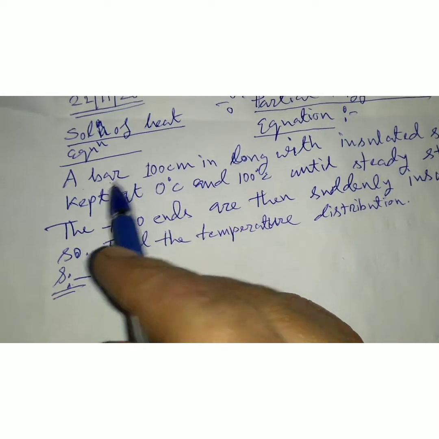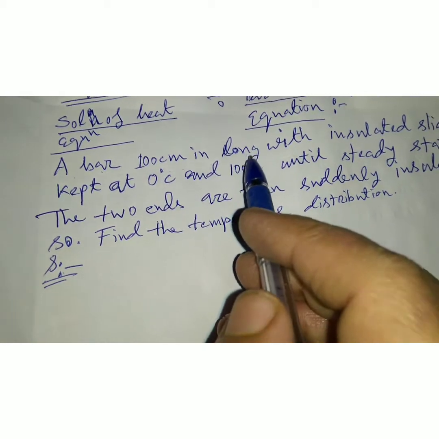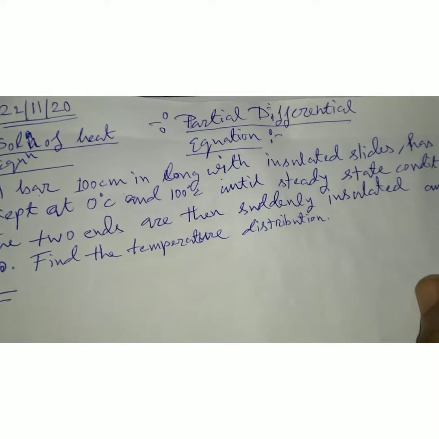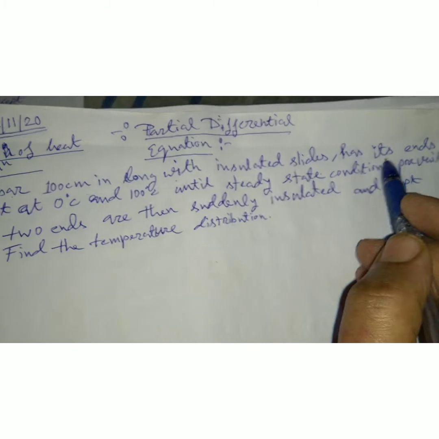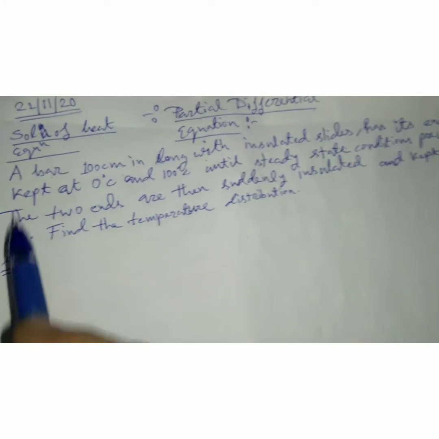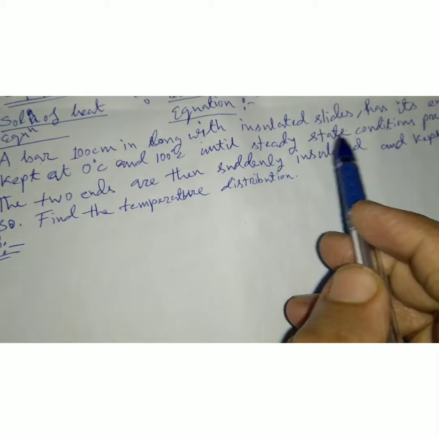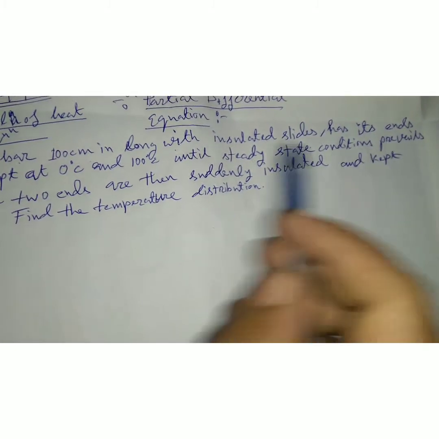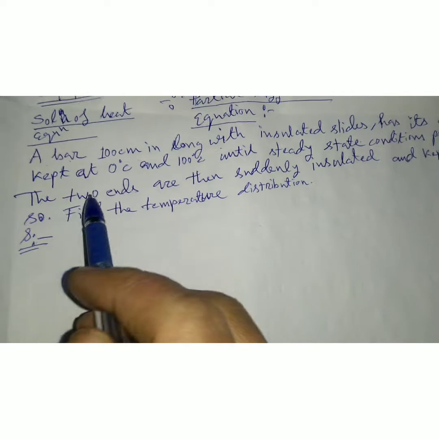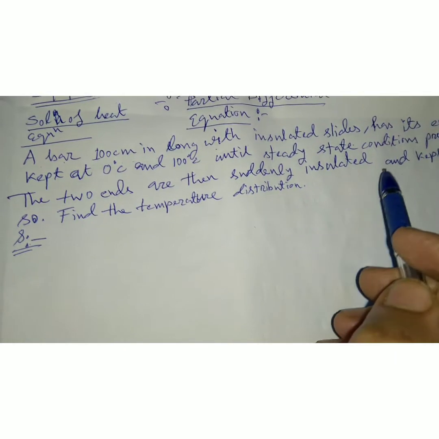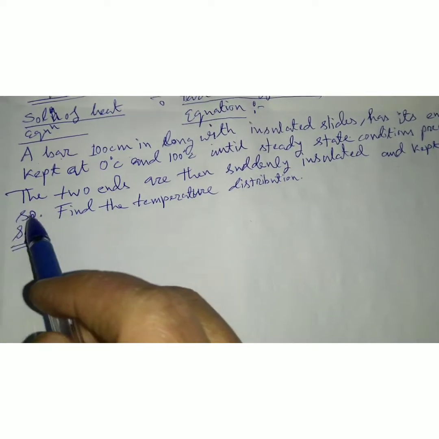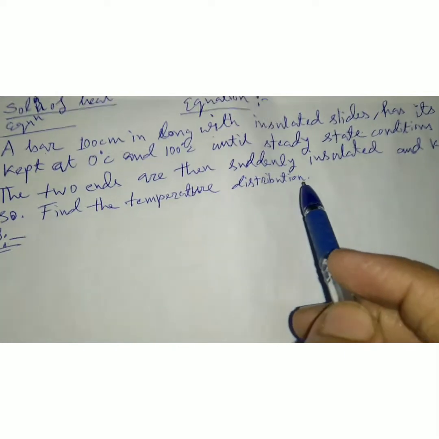A bar is 100 centimeters long with insulated sides, and has its ends kept at 0 degrees Celsius and 100 degrees Celsius until steady state condition prevails. The two ends are then suddenly insulated and kept so. Find the temperature distribution.